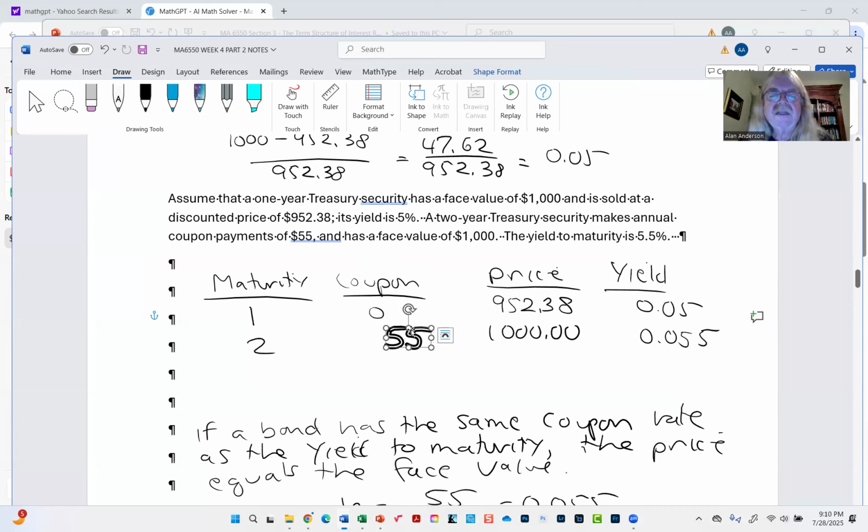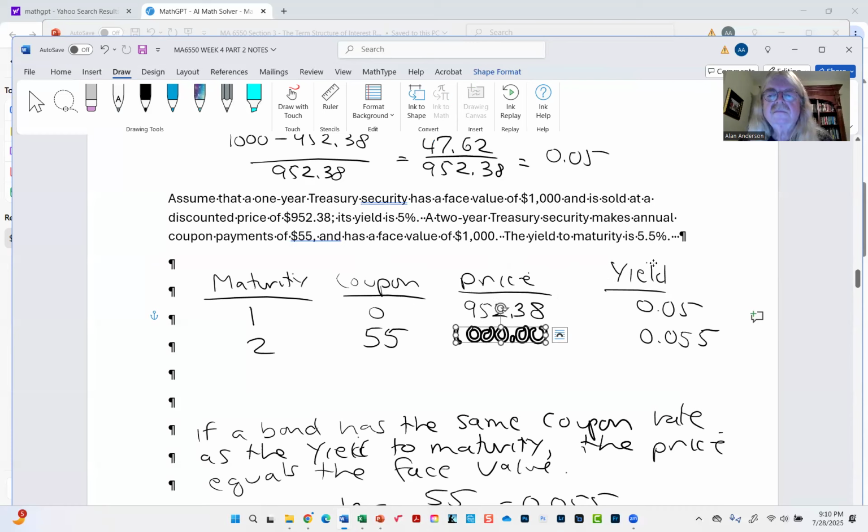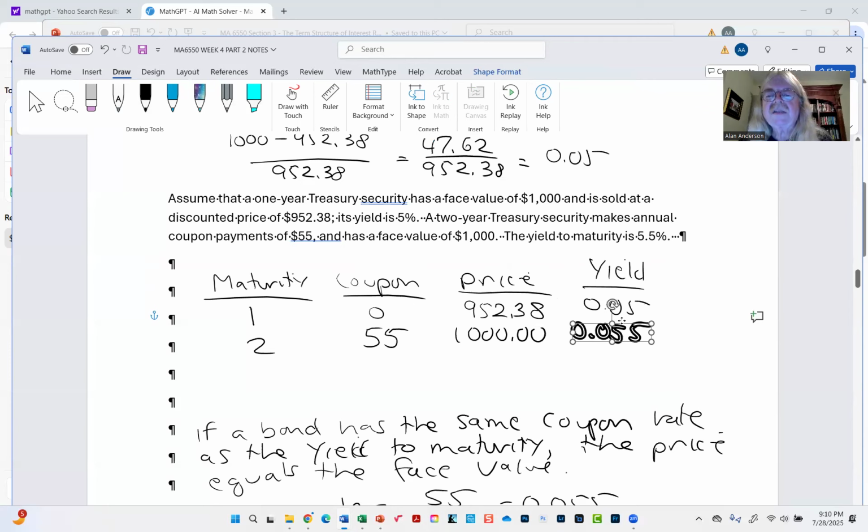You'll see what I mean in a second. I want to save a space at the end for the spot rate.